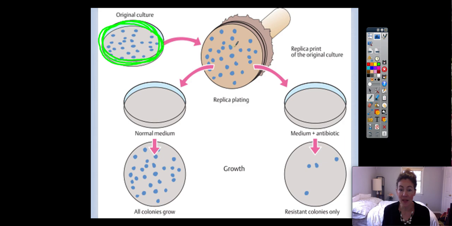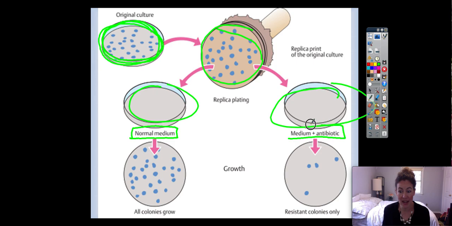They take it and they do a stamp of it. So these are identical right here. And then with this stamp, with all those multiple bacteria, they go stamp, stamp. They see what happens when they grow them in a normal growth gel, normal medium, or a medium growth gel containing certain antibiotics. This way, they can see, oh, normally, wow, a bunch of them grow, awesome.